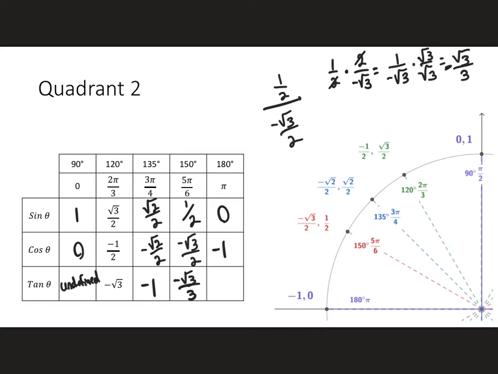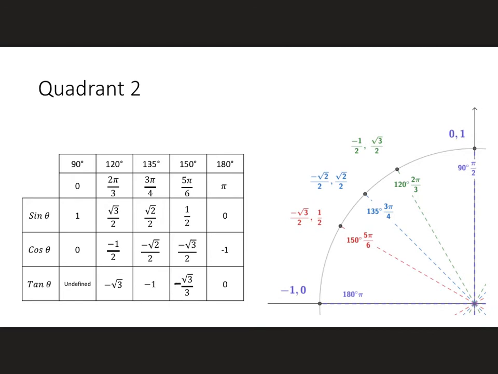And so our tangent will be 0 over negative 1, which is 0. Once again, here are the sine, cosine, and tangent ratios for 90 degrees, 120 degrees, 135 degrees, 150 degrees, and 180 degrees, or their equivalent radian measures.